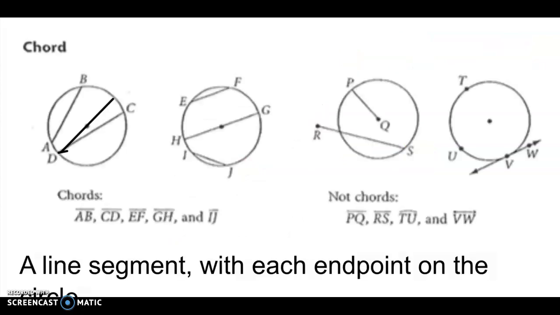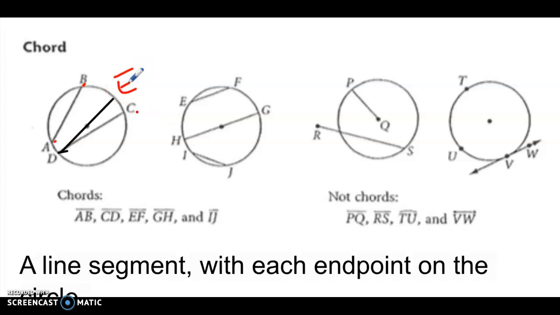Next, let's see the other segment names for circles. First is the chord. A chord is basically a line segment with each endpoint on the circle. So this is A and B, they are both on the circle, and this is C and D, they are both on the circle, and this one we can say DE.